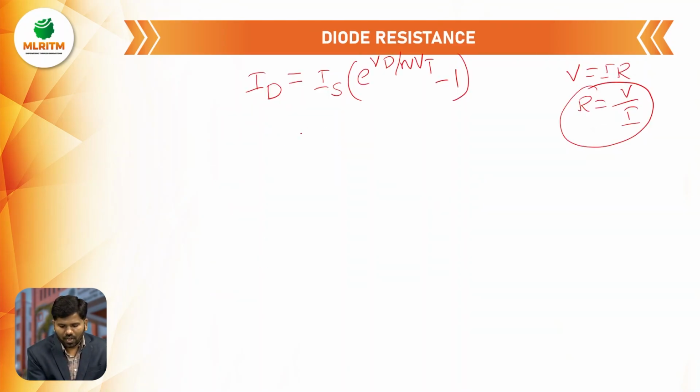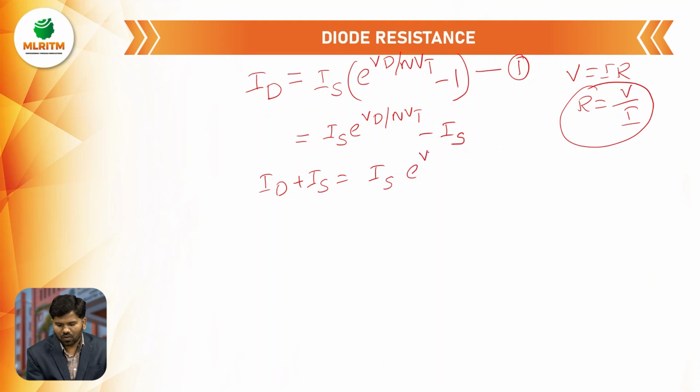So now we can write the above equation as IS e power VD by eta VT minus IS. Consider this as equation 1. Now I can write the above equation like ID plus IS is equal to IS into e power VD by eta VT. Consider this as equation 2. So now we have the ID value.